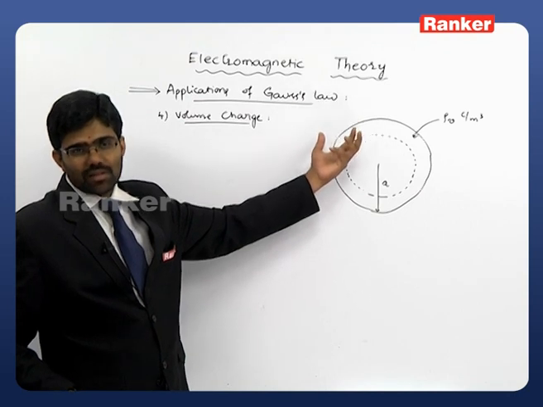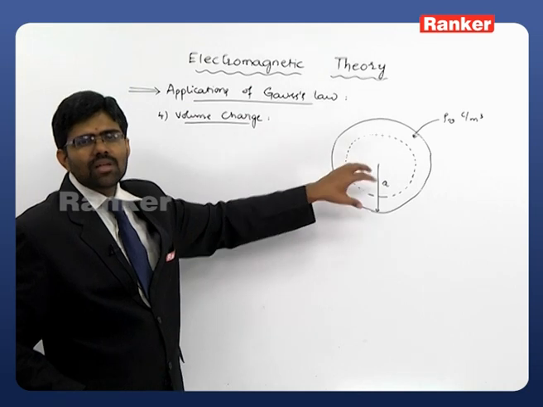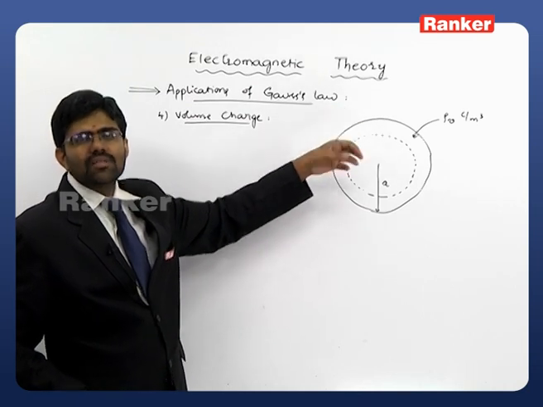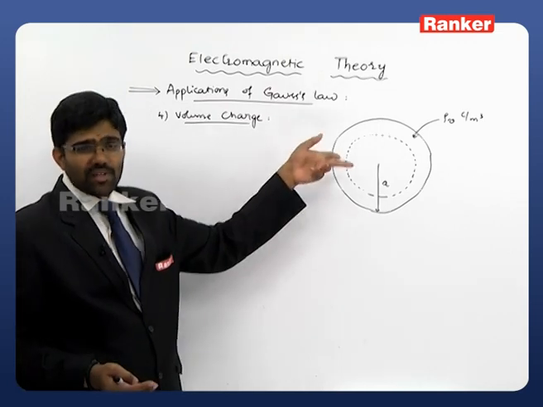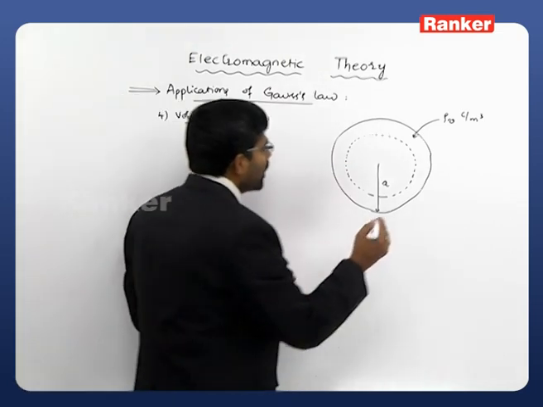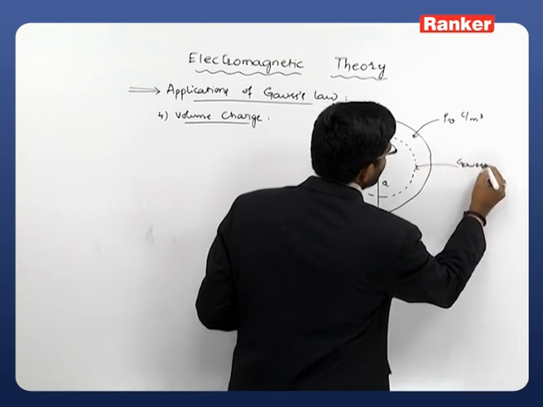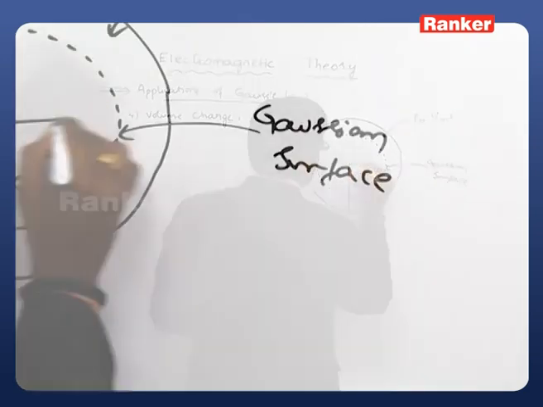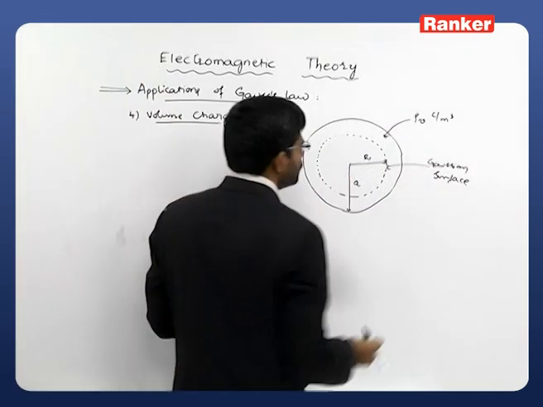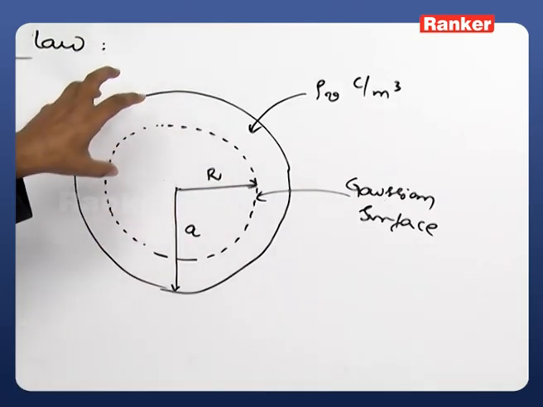It is always the case that the Gaussian surface is a sphere, since the volume we are considering is a sphere. So let us take this as the Gaussian surface with some radius r, inside the charge we took.